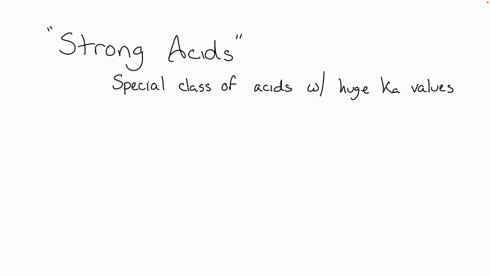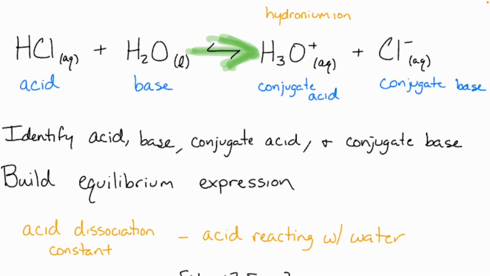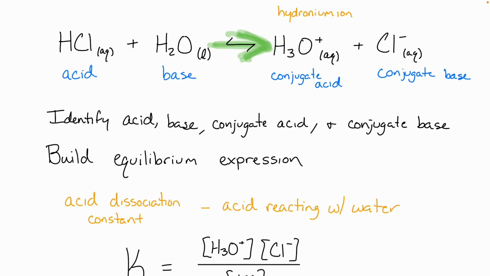Because they have such large Ka values, if we look back at this reaction, which we call a dissociation reaction, hydrochloric acid is an example of a strong acid. And so this is a reaction that we're going to assume goes all the way to completion, all the way to the product side. There's no dynamic equilibrium going on. This thing just books it all the way to the product side.